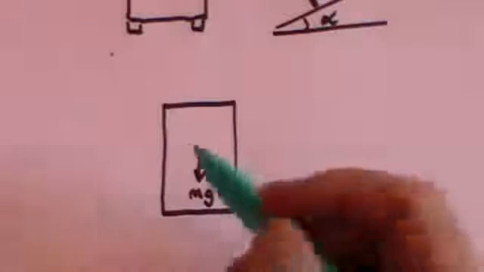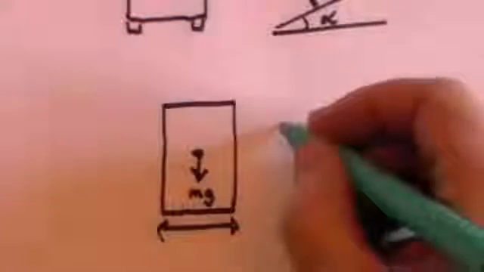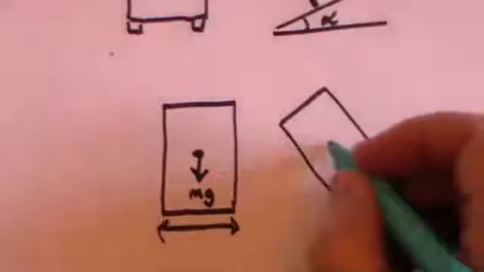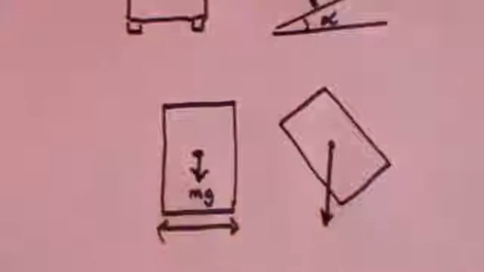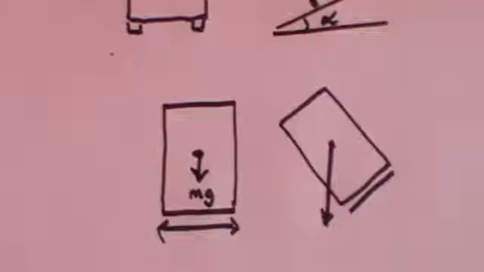Now, provided that force is acting within the wheelbase, or within the base of the object, it won't tip. But if the mass is acting, obviously it always acts vertically down, outside the wheelbase, then it will tip. Why is that?